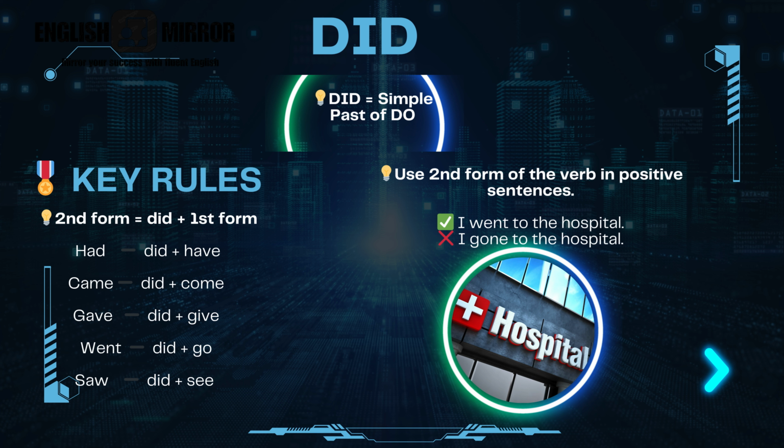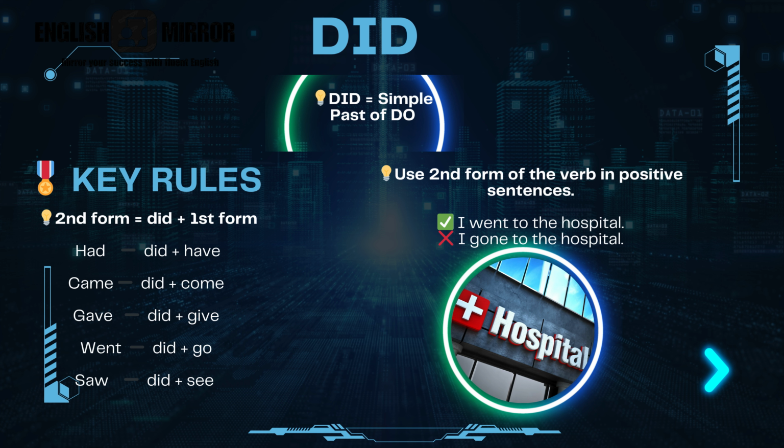Don't use any other forms. And had means what? Did plus have is had. Came means what? Did plus come. Gave means did plus give. Went means did plus go. Saw means did plus see. We can split it and tell like this.